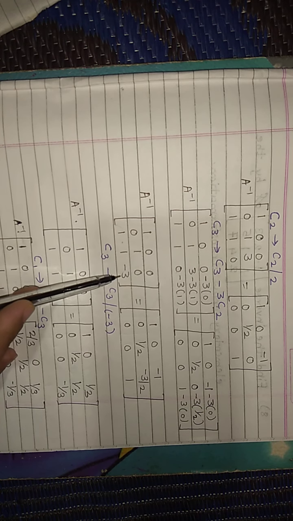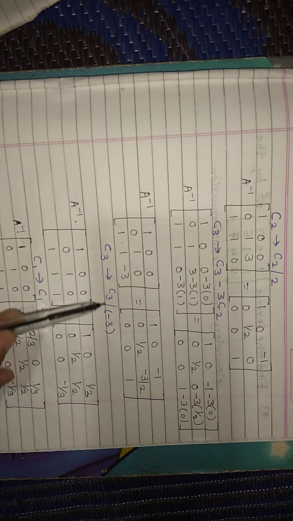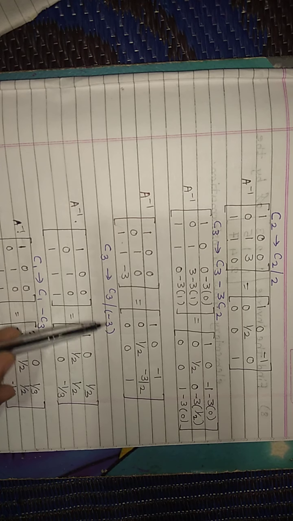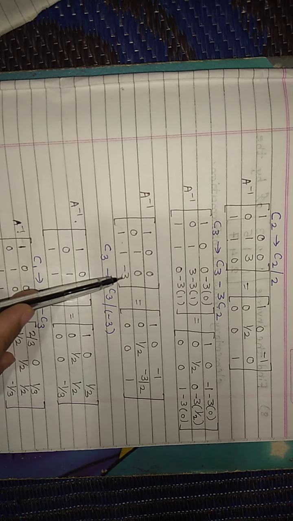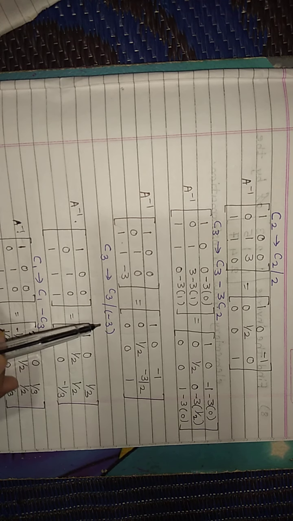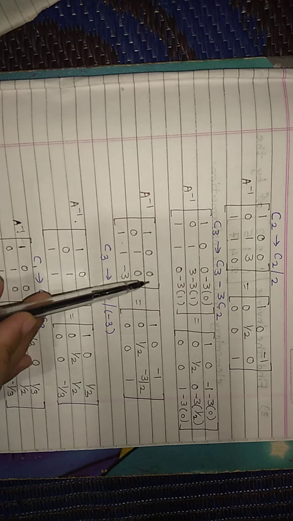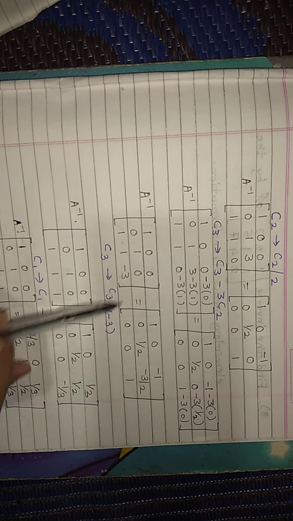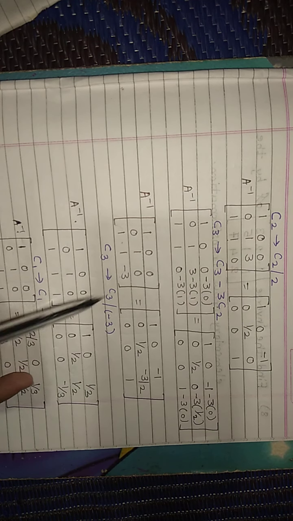In the next step, this element we have to convert to a 1. So C3 tends to C3 divided by minus 3, because we need 1 here. The same number divided by the same, we always get 1. So 0 upon minus 3, 0, 0 upon minus 3, 0, minus 3 upon minus 3, 1.